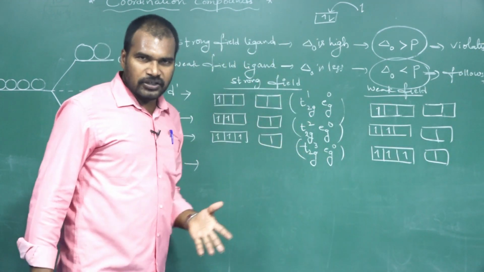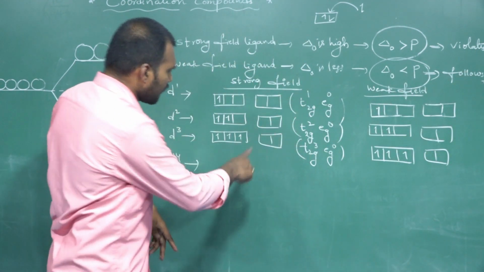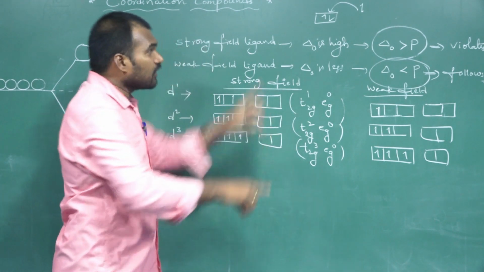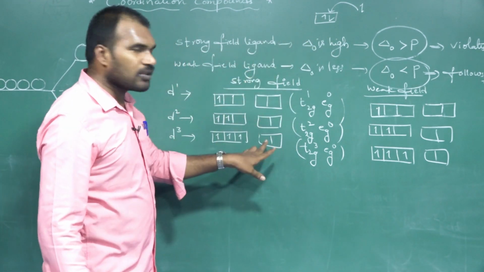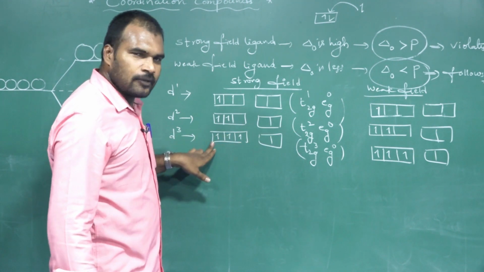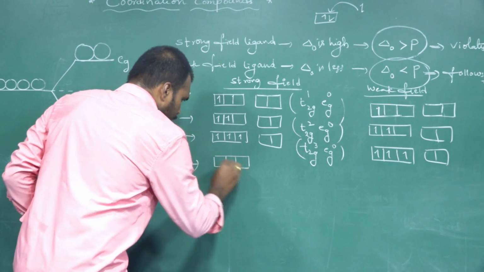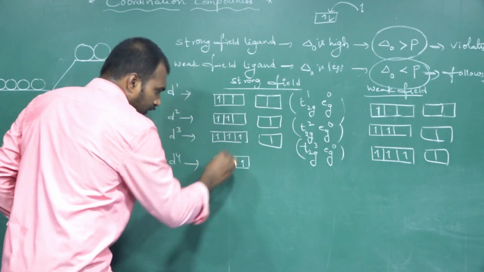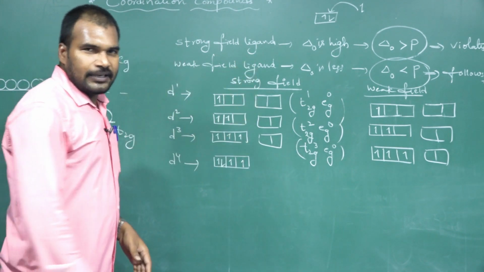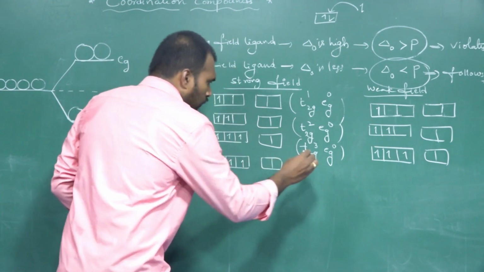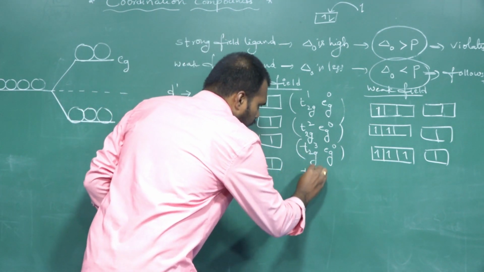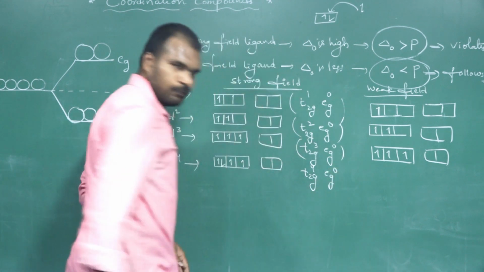If it followed Hund's rule, the 4th electron would enter the eg set, but they violate Hund's rule, so the fourth electron will enter t2g instead of eg. So the configuration is t2g4, eg0.